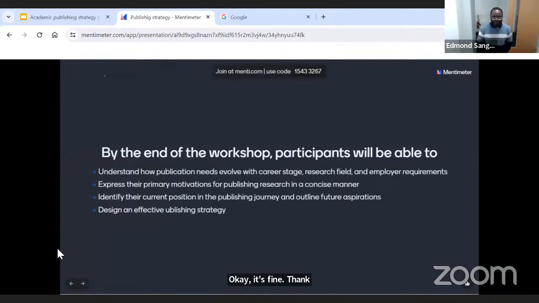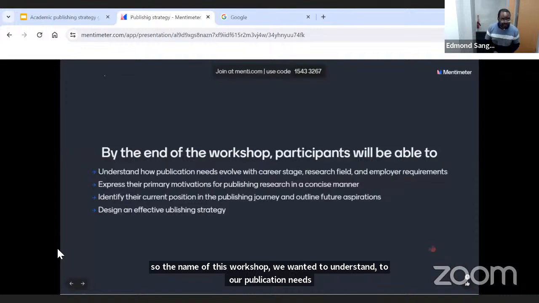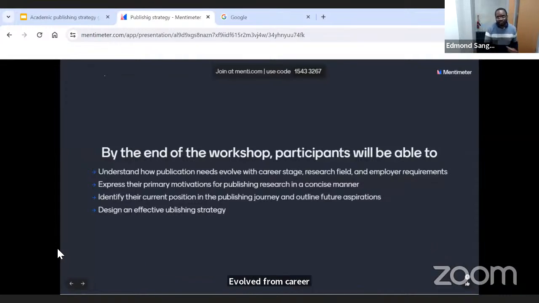So the aim of this workshop, we wanted to understand how publication needs evolve from career stage across fields and from different employers. Then the next thing, what motivates you to publish? Then we also looked at your publishing journey, really how does it link with your future aspirations? Then how to design an effective publishing strategy.